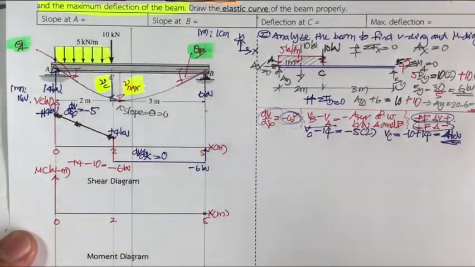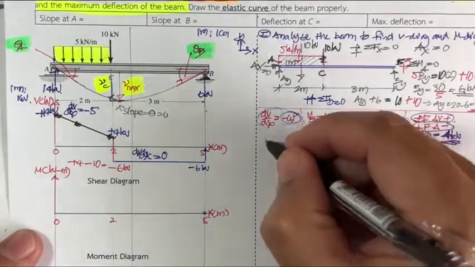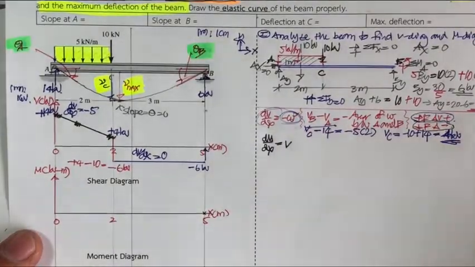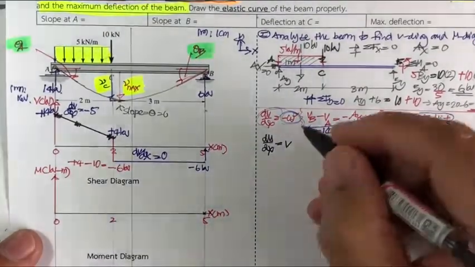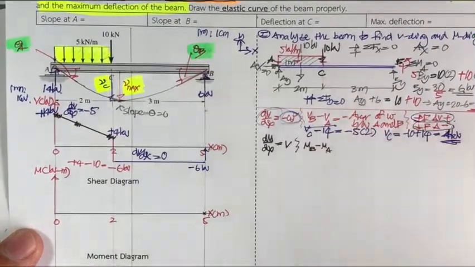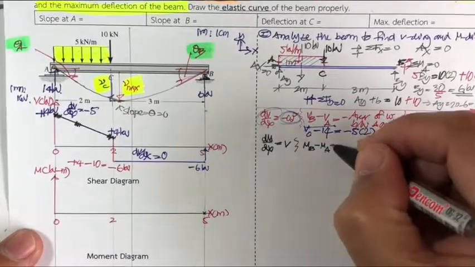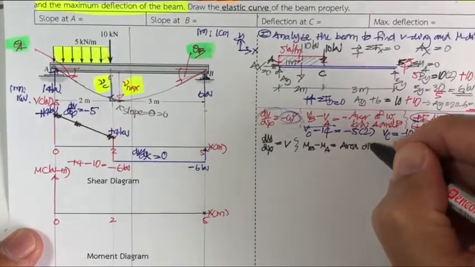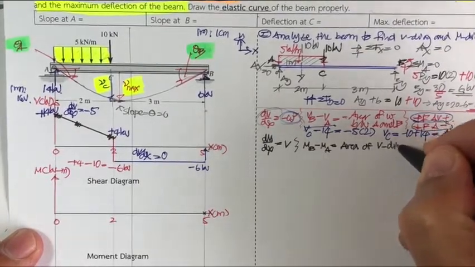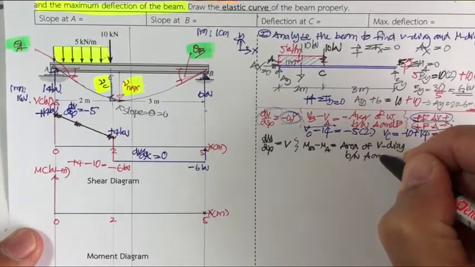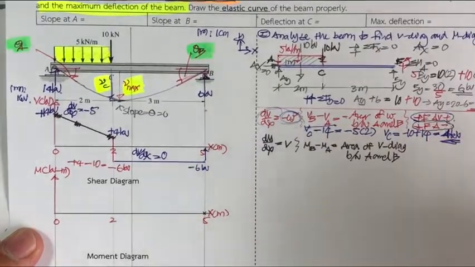Okay, we have dM by dx equal to V. The slope of the moment diagram is going to be equal to shear. And we also have M sub B minus M sub A equal to the area, not negative, of the V diagram between A and B.